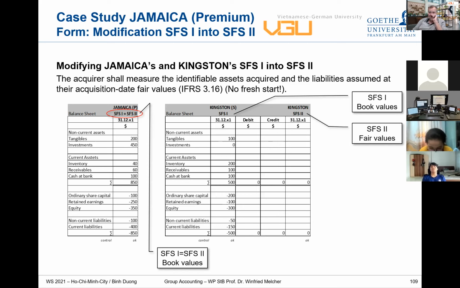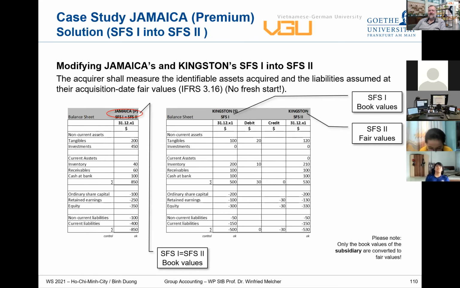And we had some facts and circumstances given for this case study. It said there were hidden reserves in tangibles of 20. There were hidden reserves in inventory of 10. So we have to account for the difference between fair values and book values just by increasing those numbers.